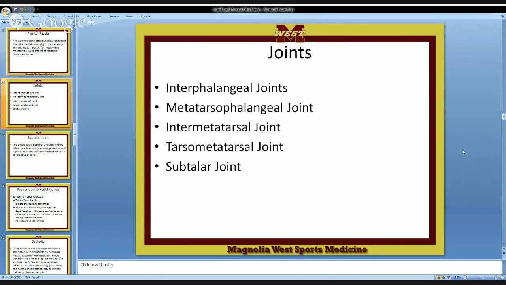Intermetatarsal joint. These connect together. Your intermetatarsal joints, they connect together. They don't want it sliding out.